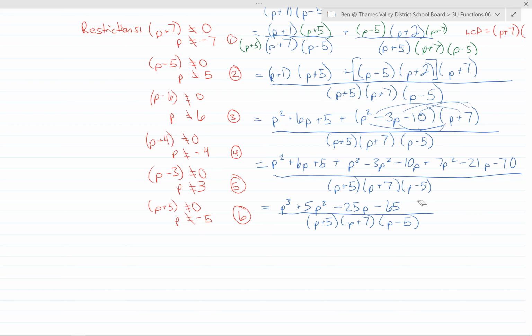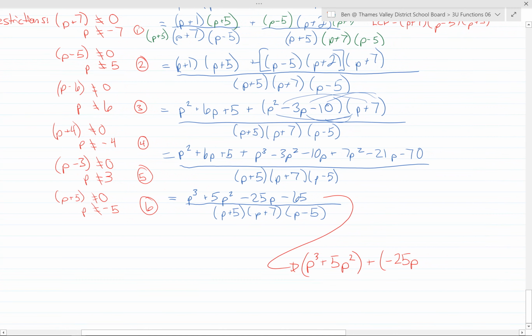We'll try grouping the front two and the second two. I'm actually, just because this is kind of an aside, as we're trying to factor our numerator, let's try it in red here. So p cubed plus 5p squared, we'll put those in brackets, plus negative 25p minus 65.